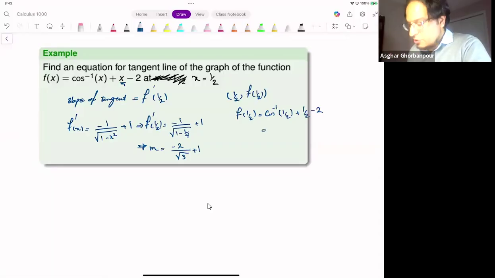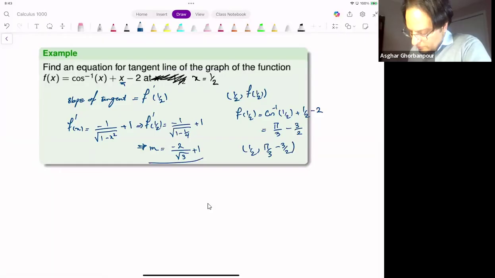What is the angle whose cosine is half? It is pi over 3, and then half minus 2 is negative 3 over 2. So that is my point: half and pi over 3 minus 3 over 2.